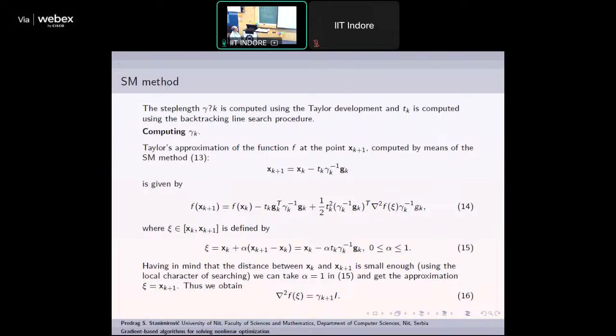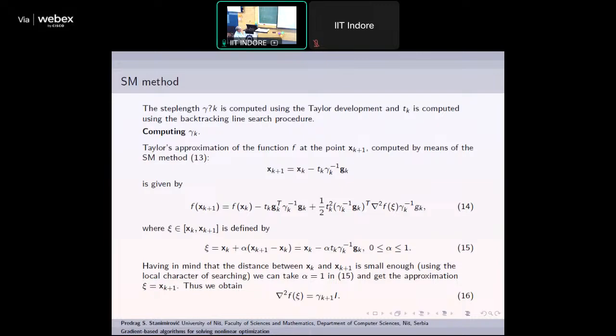How to obtain this new scalar, gamma k? Again, Taylor expansion, gradient minus gradient Hessian. It is a mathematical tool in nonlinear optimization. It is the main mathematical tool. Make a second order Taylor expansion.